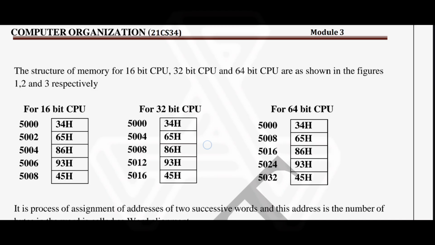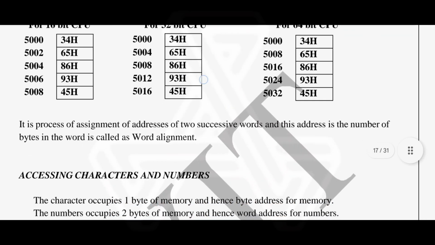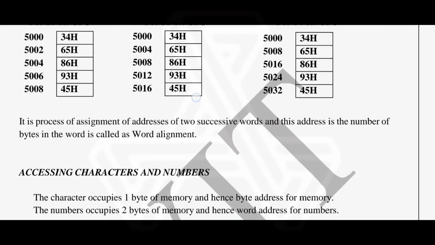The addresses will be 5000, 5004 for 32 bits, and 5000, 5008, 5016, 5024 for 64 bits, like that. This process of assignment of the addresses of two successive words, with the address difference being the number of bytes in the word, is called word alignment.